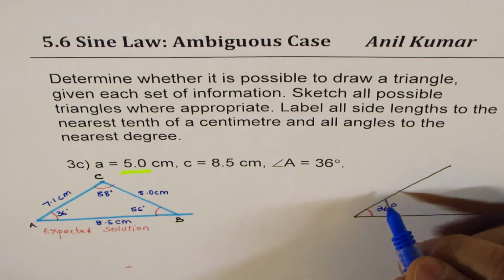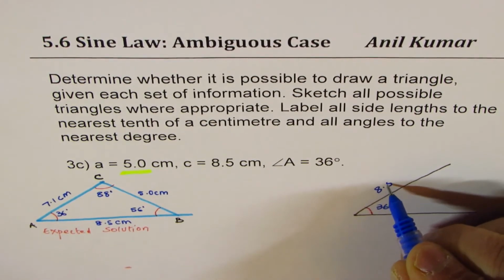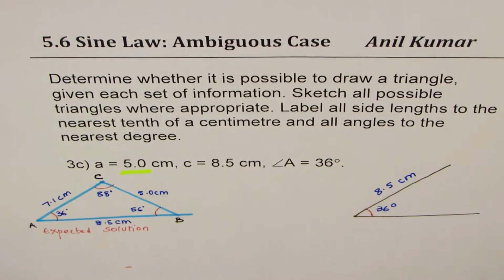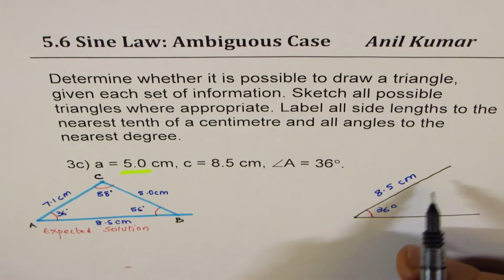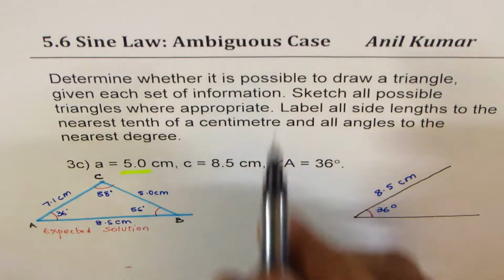I like to keep this side on the top of this angle at this position, 8.5 centimeters. Don't go with regular ABC type of triangle, as it may make your life hell to really understand how to provide solution to ambiguous cases.